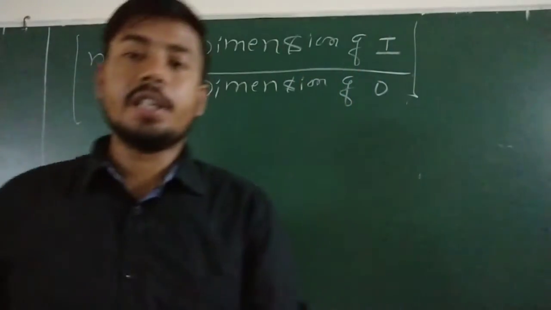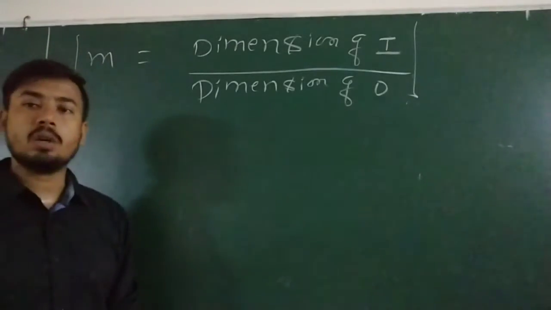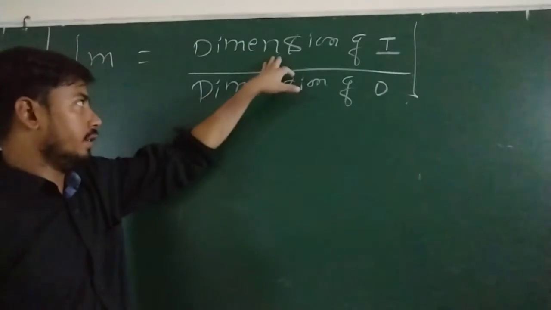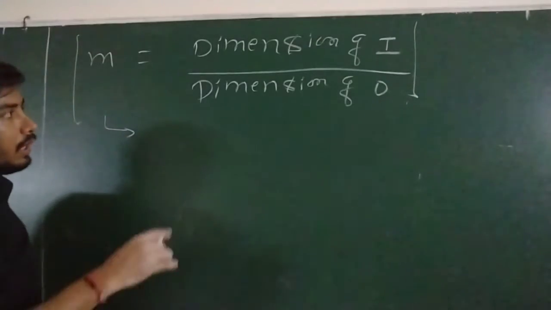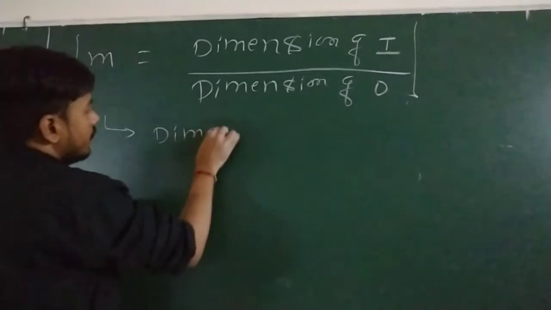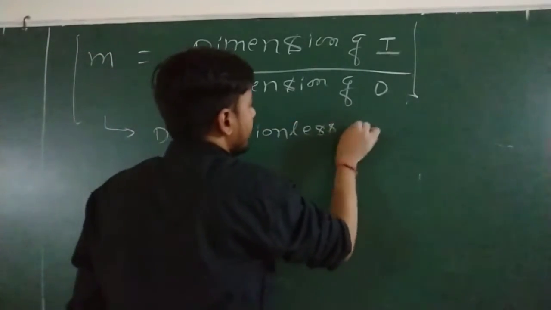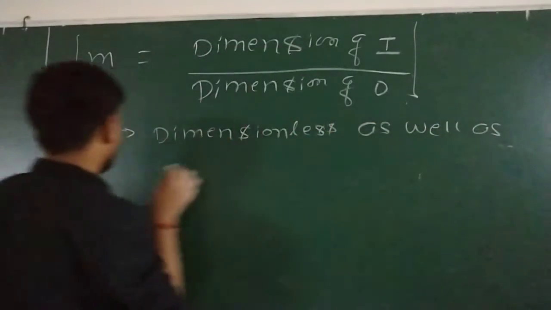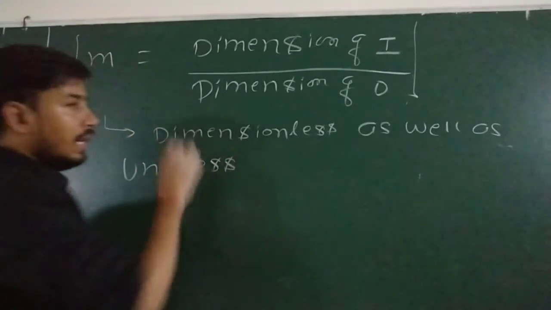If anybody asks you the SI unit and dimension of magnification, see, this is the ratio of dimension and dimension. So its SI unit is nothing, it is dimensionless as well as unitless. So m is dimensionless as well as unitless, right?